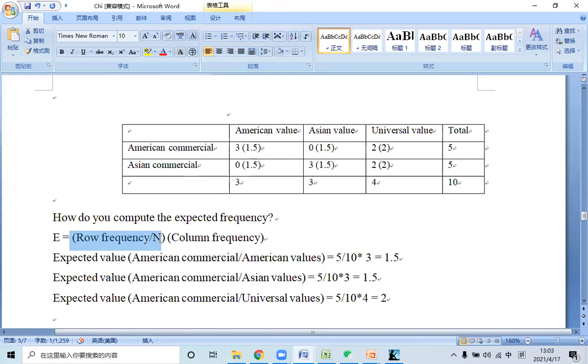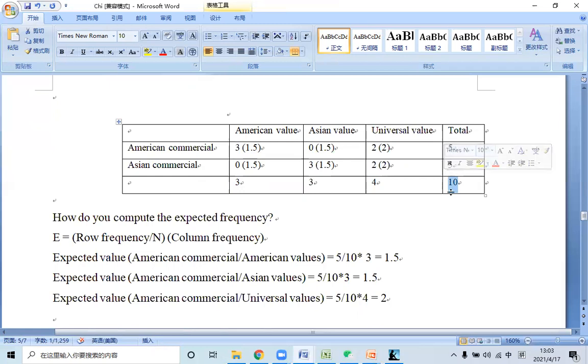Row frequency. Where's the row frequency? Row frequency divided by total. Row frequency is here: 5. You have 5 American commercials, and you have a total of 10.